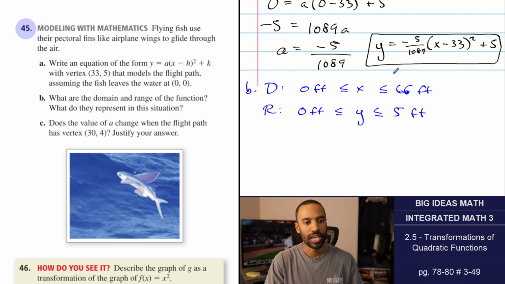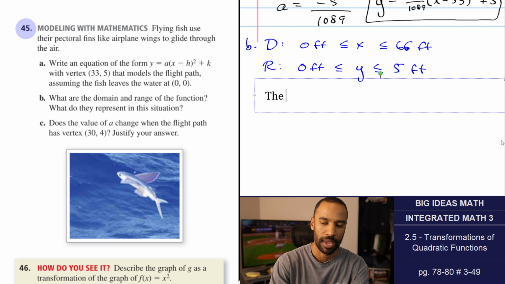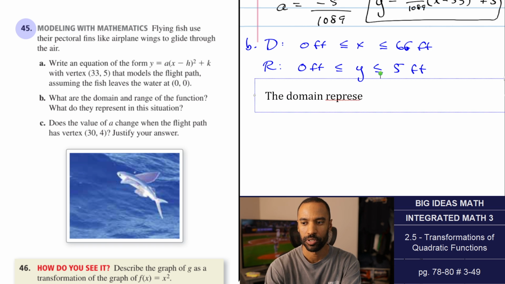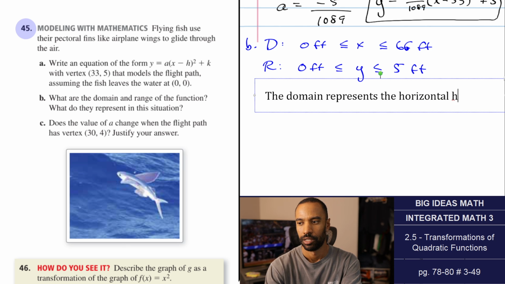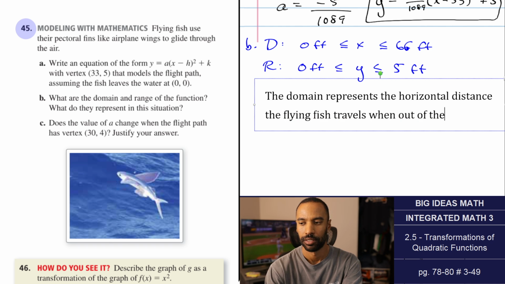So there's that. It says, what do they represent in the situation? The domain represents the horizontal distance the flying fish travels when out of the water.